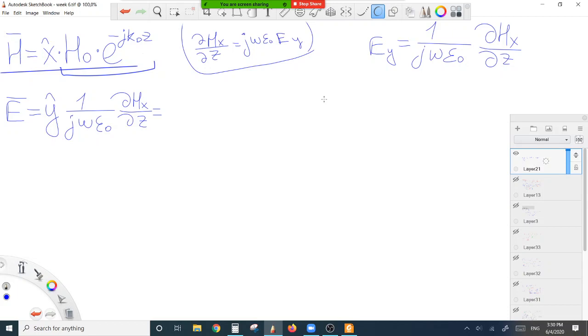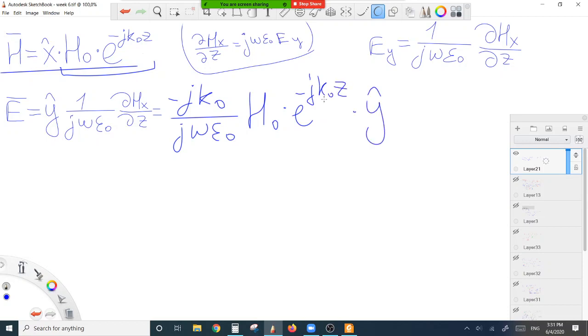The derivative will be minus j k0, so minus j k0 over j omega epsilon 0, H0 multiplied by e to the power of minus j k0 z, multiplied by the unit vector y.